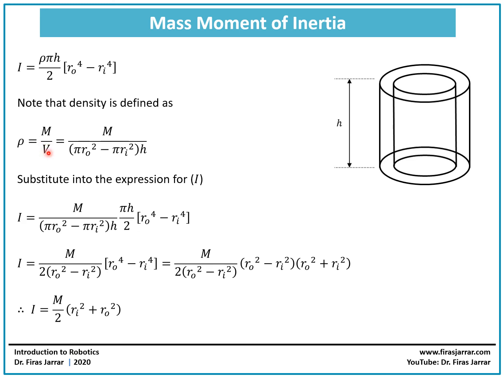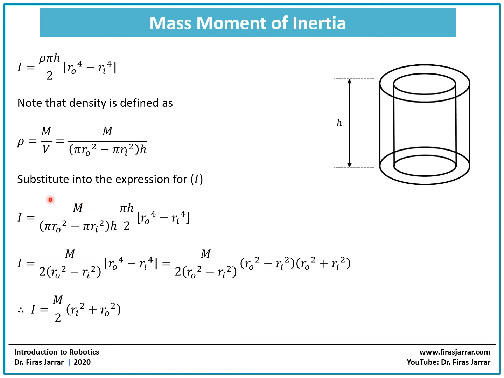So the total volume is going to be the volume of the outer cylinder minus the volume of the inner cylinder, if you wish. So it becomes pi r outer squared minus pi r inner squared, and of course you multiply it by h, the height, to make it into a volume.